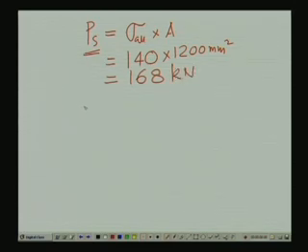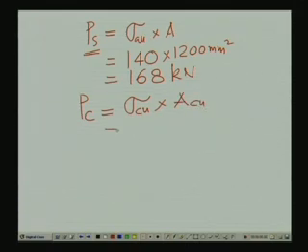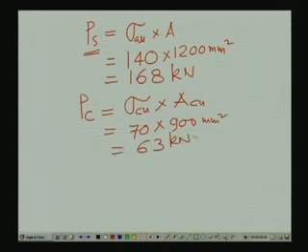Similarly, the maximum load that can be carried by the copper bar is equal to the allowable stress in the copper multiplied by the cross sectional area of the copper rod, which is equal to 70 MPa multiplied by 900, the cross sectional area. So, this is equal to 63 kilonewton. So, these are the values that the three rods, the copper rod and the steel rod, can carry.